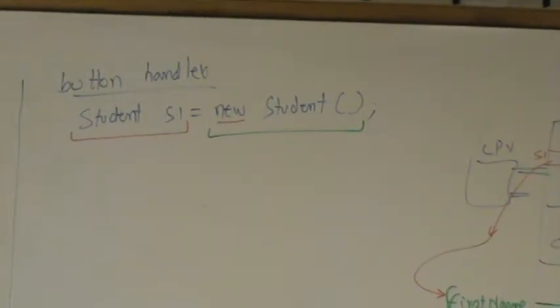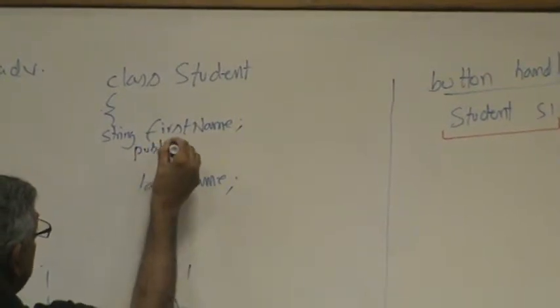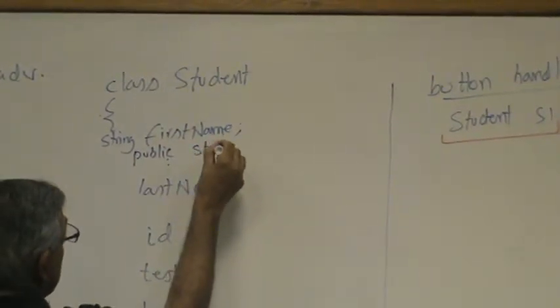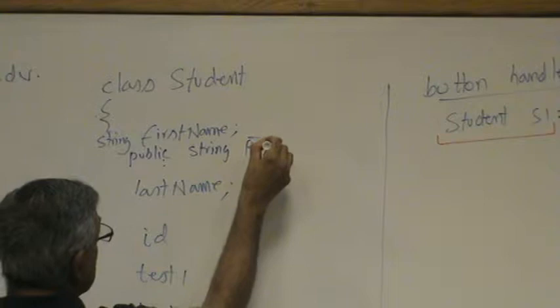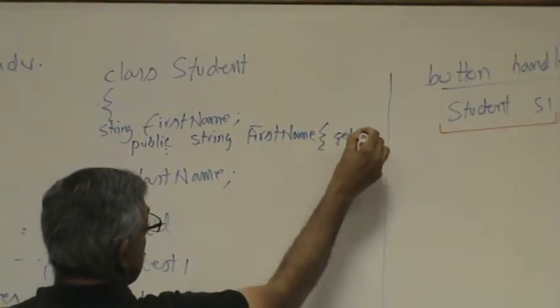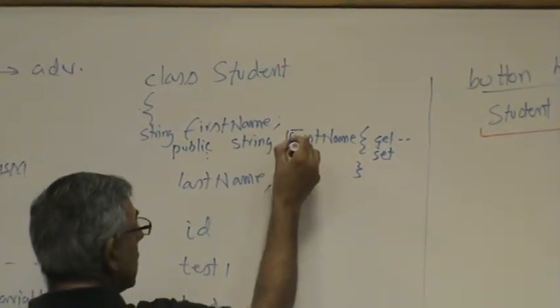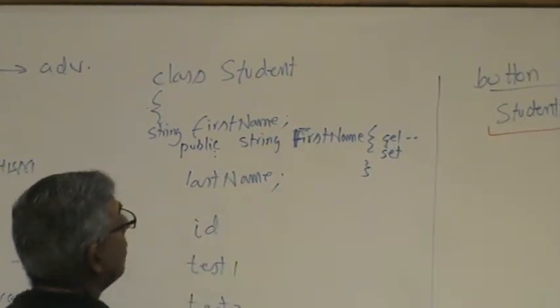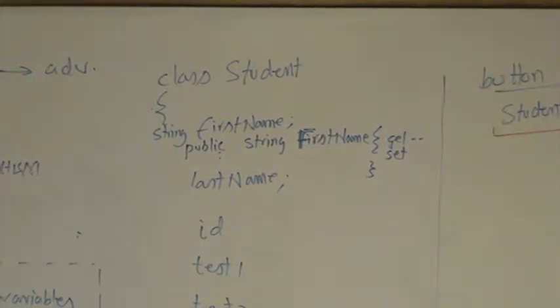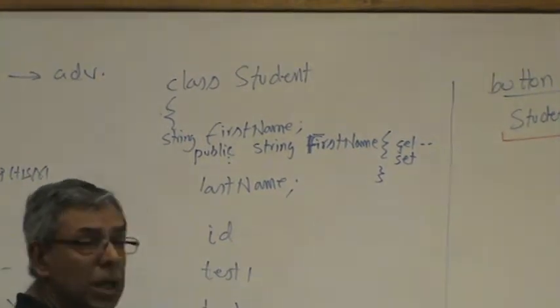For each private field, we have created a public string FirstName, and there's a get in it, there's a set in it. Once again, anytime we use the variable with the capital letter, that's basically a wrapper for a get function and a set function, okay?